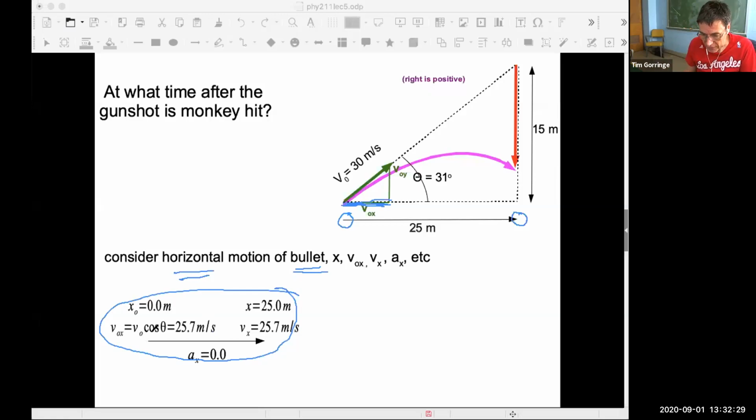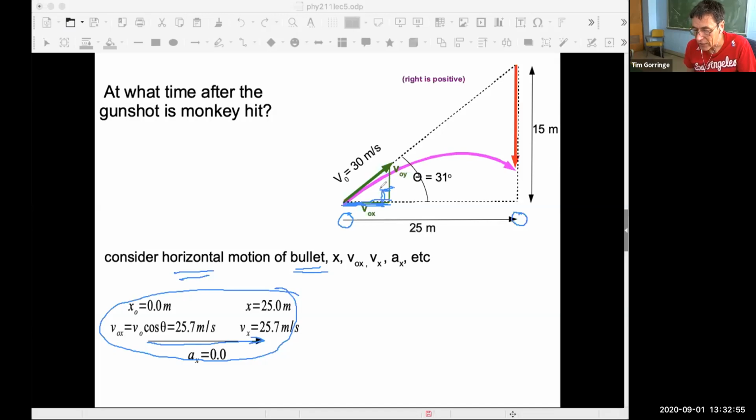And so the black arrow here is the bullet traveling left to right. And I've annotated that with these things that I know. So I know it travels 25 meters. So I called the initial location 0, final location is 25 meters. I know the initial horizontal velocity. Look at this right angle triangle here.